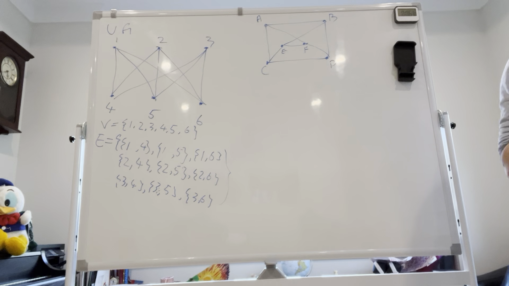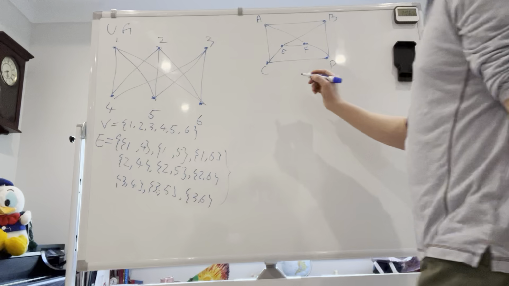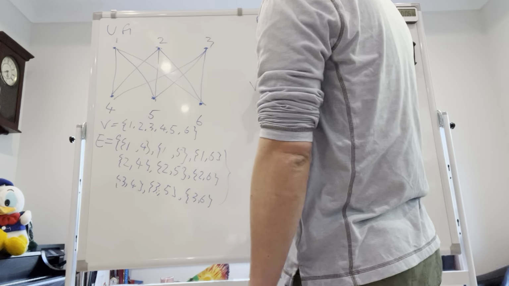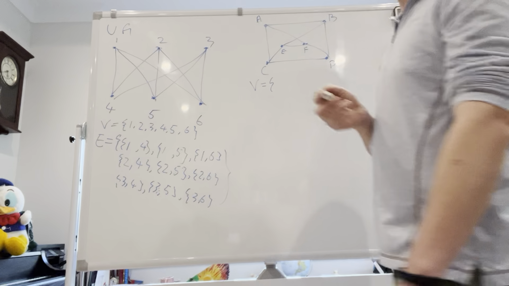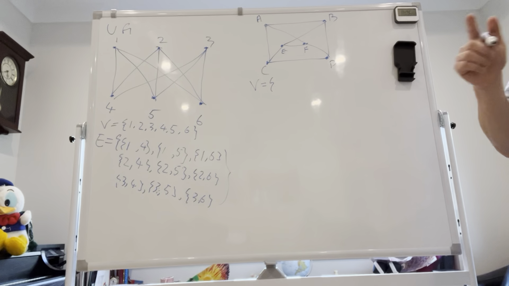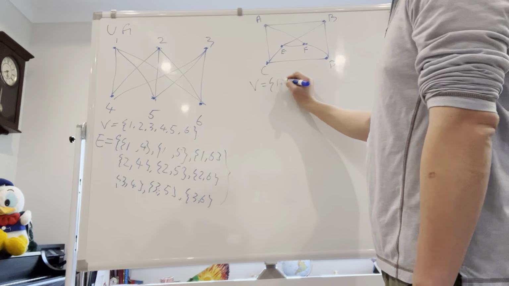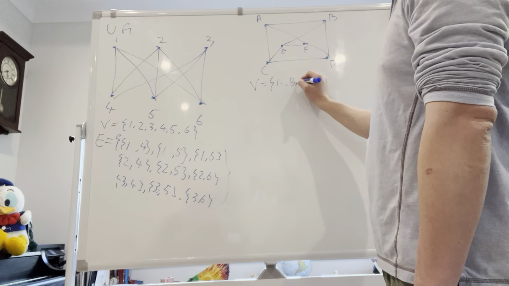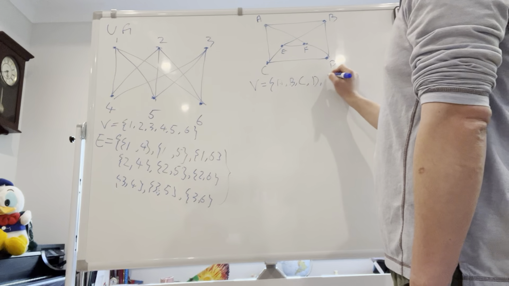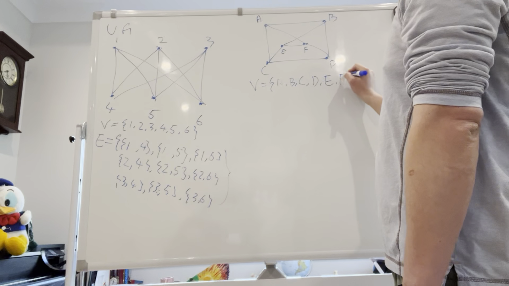We can do it two ways, but I'm going to do it the longer way, so let us do them together. The 6 vertices in this case are A, B, C, D, E, and F.